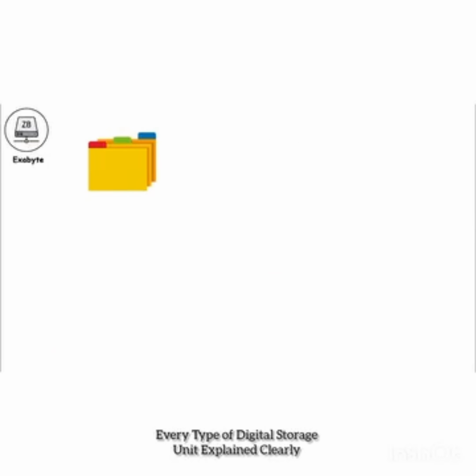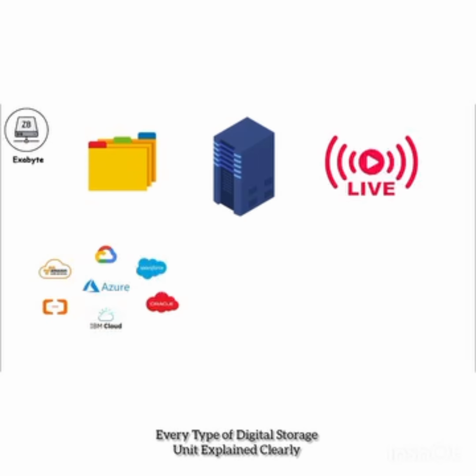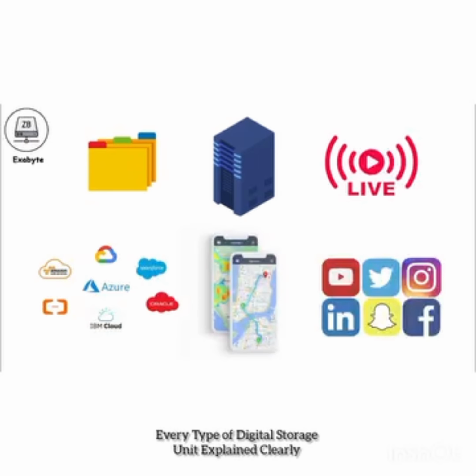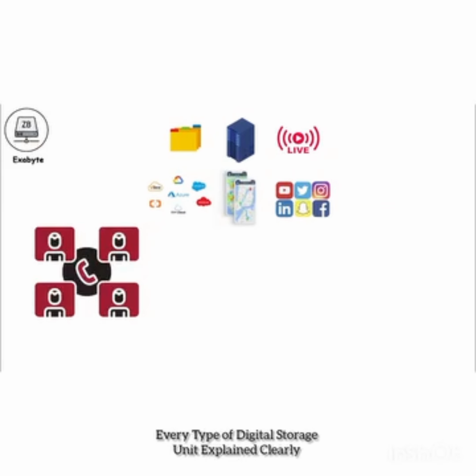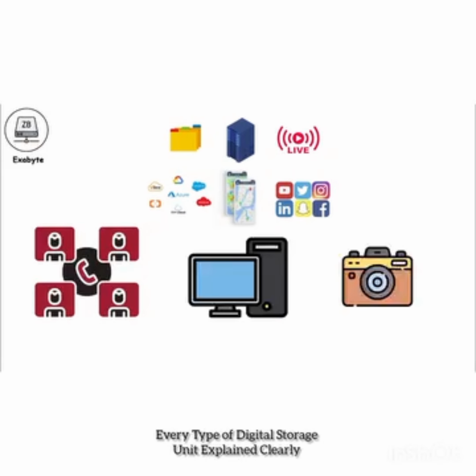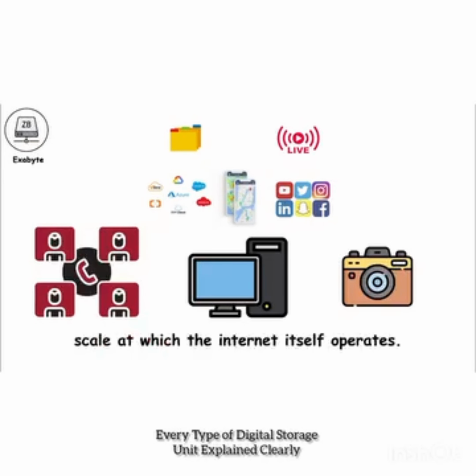Instead of thinking about files or servers, think about flows. Global video streaming, international cloud services, online maps, social networks, and constant backups all generate data every second. When billions of devices are connected, phones, computers, cameras, sensors, their combined output quickly reaches the exabyte level. This is the scale at which the internet itself operates.